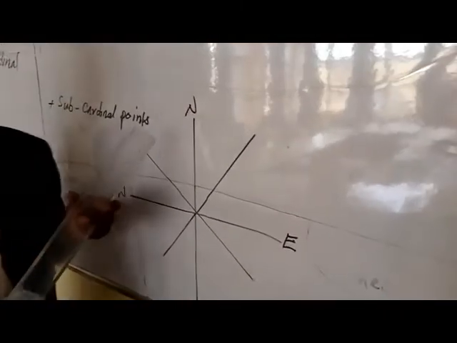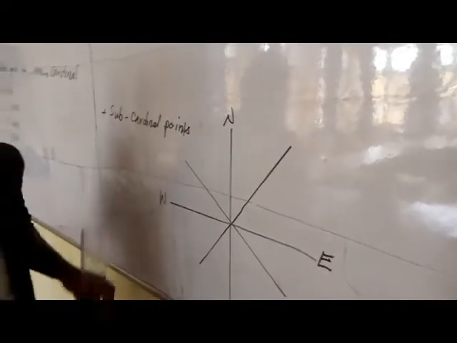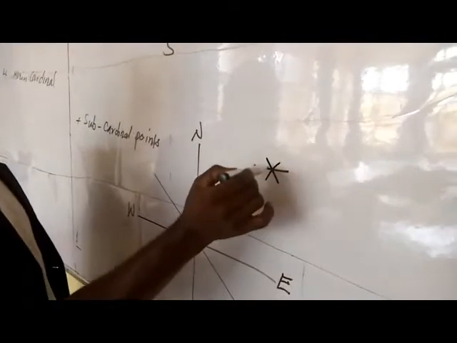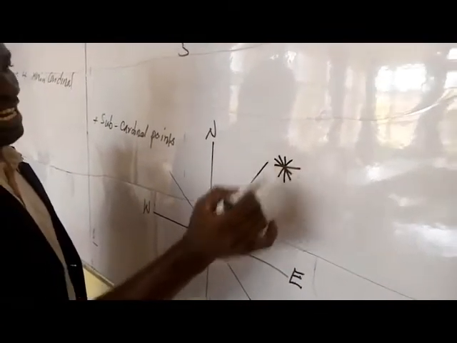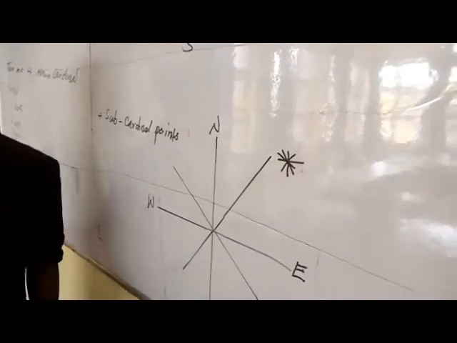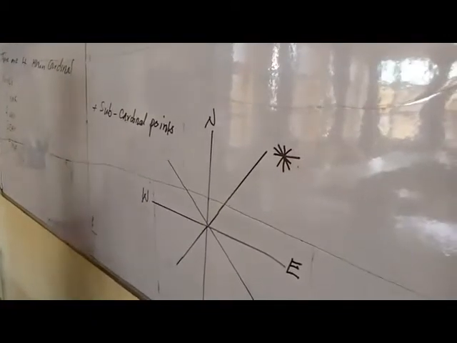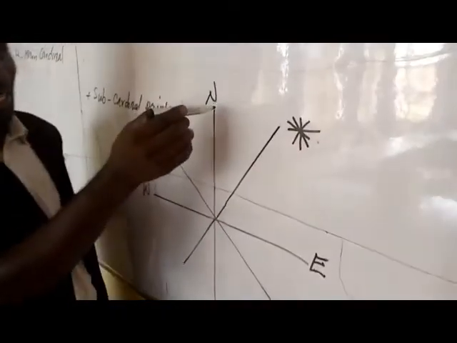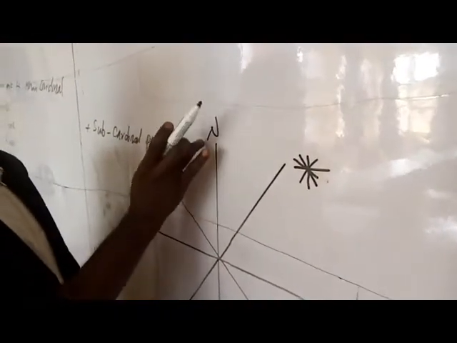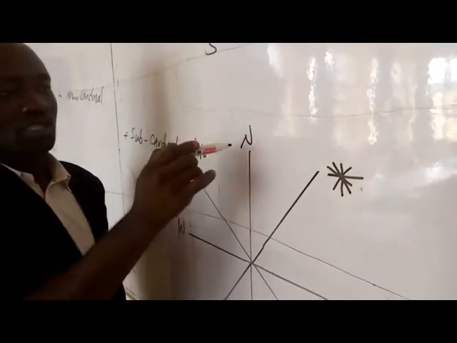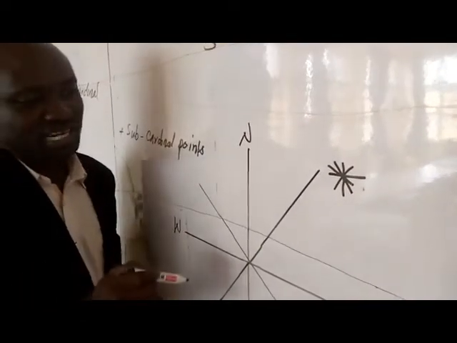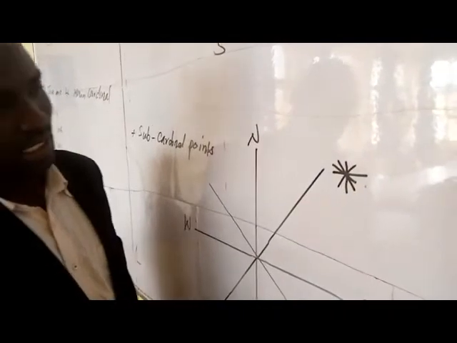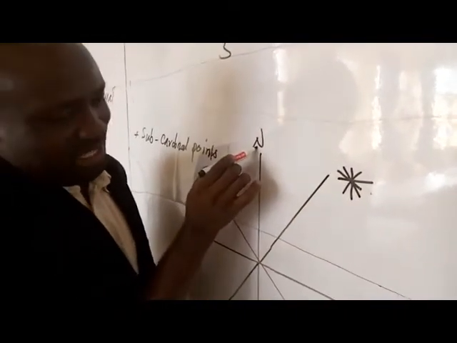How? From this north, if a particular object is located here, and you want to make a general reference to describe the location, this N is the major cardinal point, the major factor. It means we have to determine the location of this star or asterisk by adding this to this.